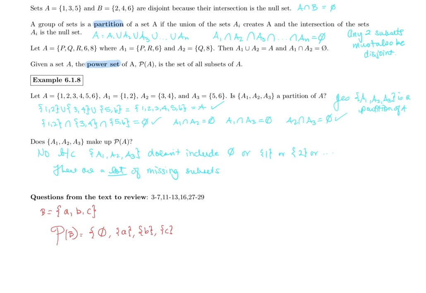Then we would have two element sets. So {A, B}, {A, C}, and {B, C}. And then lastly, we would have the set that includes all three, {A, B, C}. That is the power set of set B.